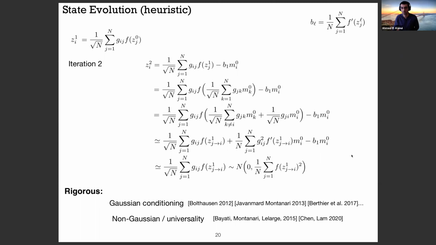And it has been adapted and ameliorated by several authors later. And if these coefficients are not Gaussian, but, let's say, plus minus 1, for instance, then we expect universality in the sense that this algorithm should behave as if the disorder was Gaussian, and that's indeed true. And that's what was proved in a certain case by Montanari and in a more general setting very recently in a beautiful paper by Chen and Lam.